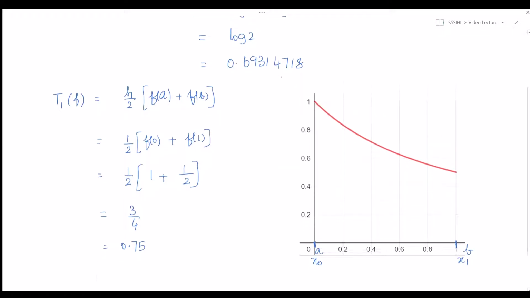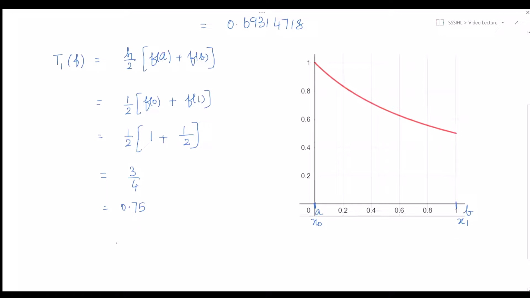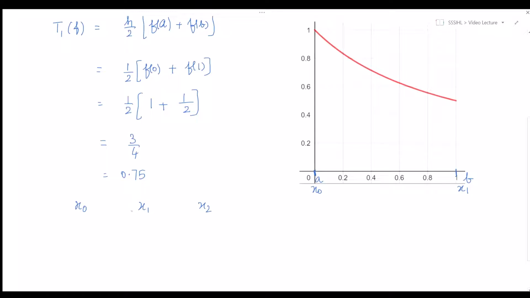Whereas the actual value is 0.693147. Now what happens if we split this into two intervals, that is x0, x1, x2. Of course the rule demands that they should be equally spaced. So x0 is 0, and dividing into two intervals, we have 0.5 and 1.